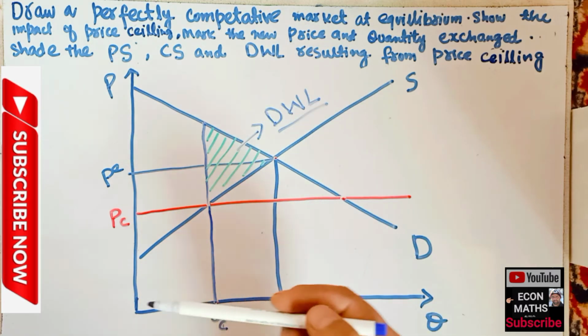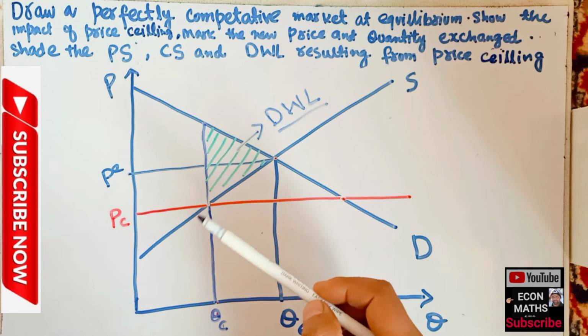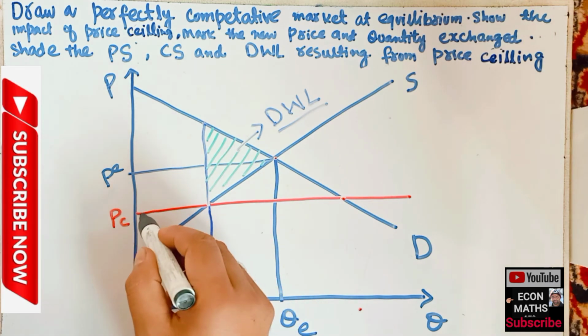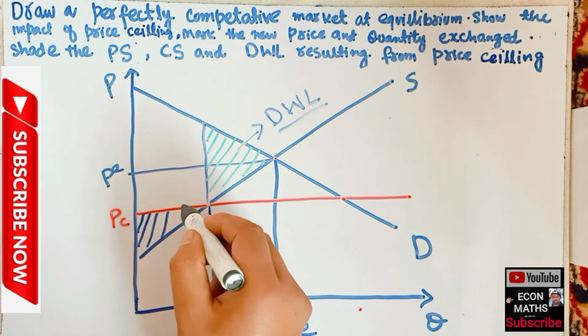Now the low price makes the producer surplus a small triangle. That is, the producer surplus will be less here. So this part is the producer surplus. This triangle is very small.